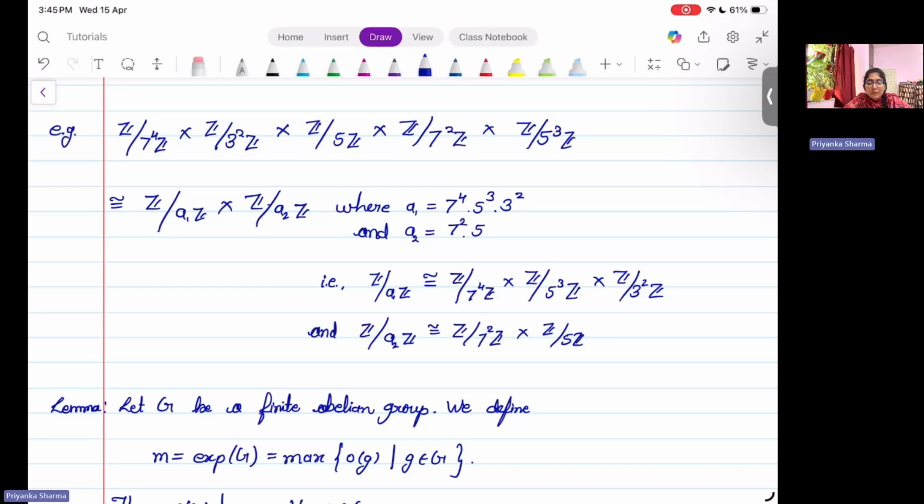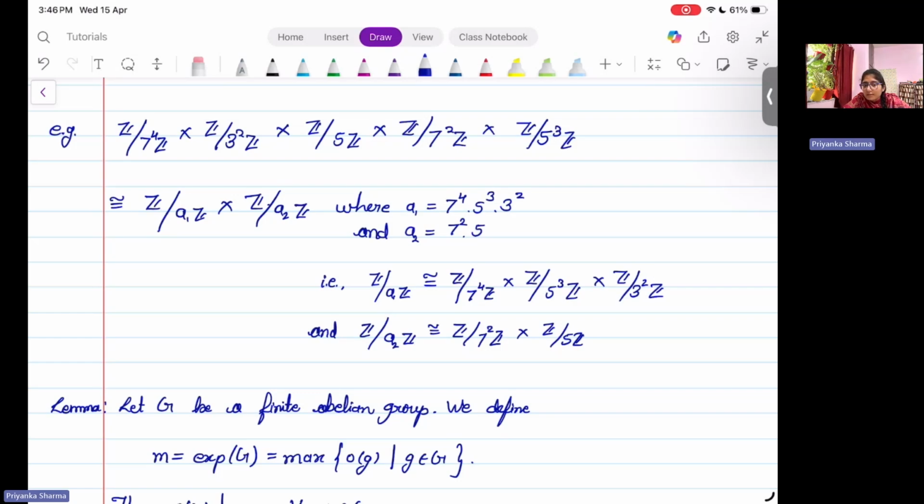So what we can do here is club the factors appearing here such that for the first group, that is Z mod A1 Z, we choose A1 such that it consists of the highest power of 7, the highest power of 3, and the highest power of 5, which are 7 to the power 4, 5 to the power 3, and 3 square.